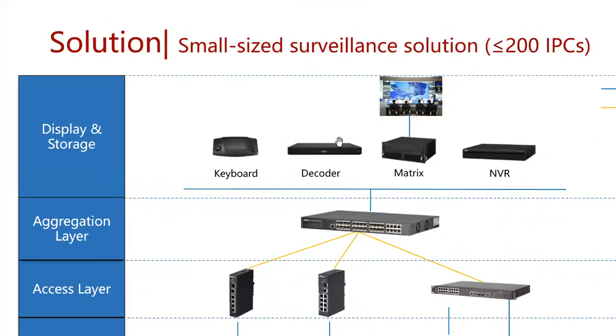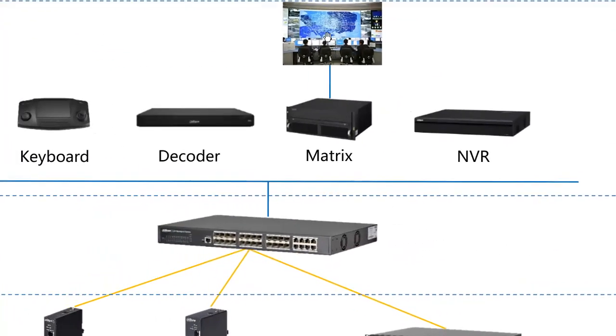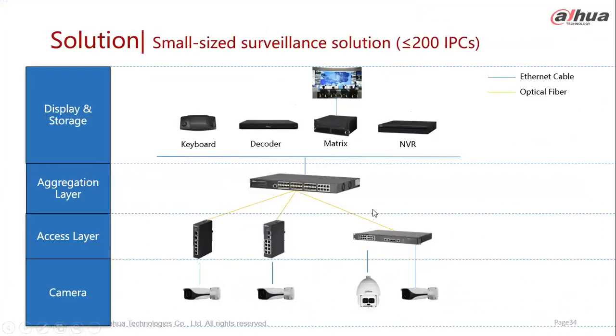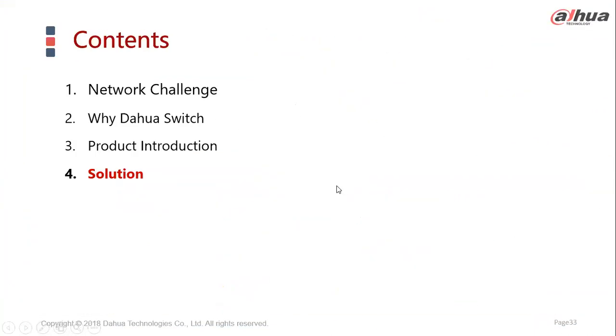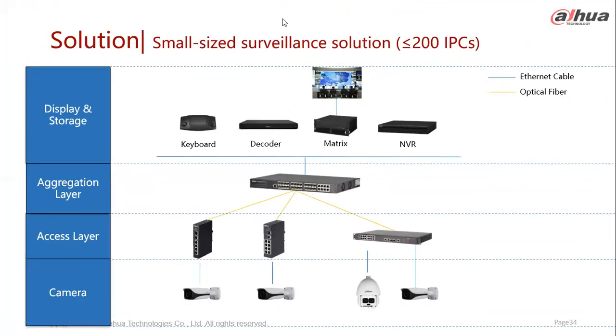In this case, you do not need a core switch, because core switches are used for high-end network configurations. Optical fiber connects the different access layer switches to the aggregation layer switches. This is how you configure it. Or you can use the uplink gigabit port on this side.